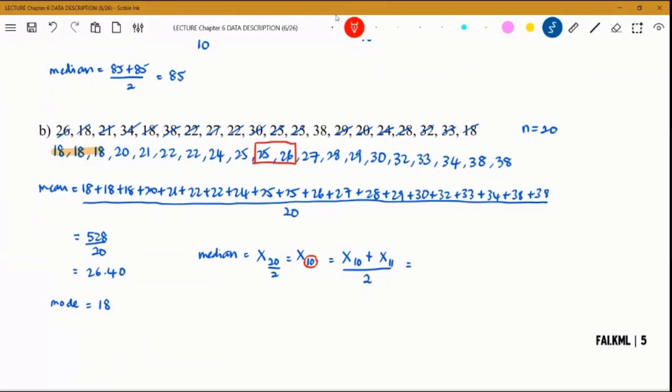So we're going to have 25 plus 26 divided by 2. What do we get? 25.5. 25.5. Okay. If you want to use the manual cutting method, no problem. You can, but it's just long. Okay. So if you divide n by 2 and get a decimal, we round up. If you get an integer like this 10, we add the next observation and divide by 2. Okay. So that's that part.